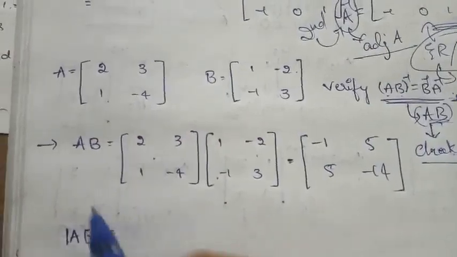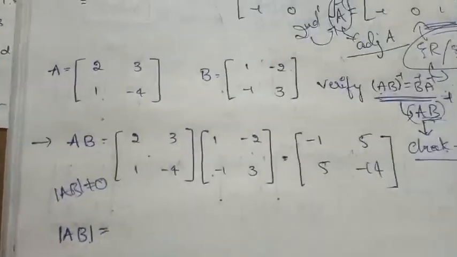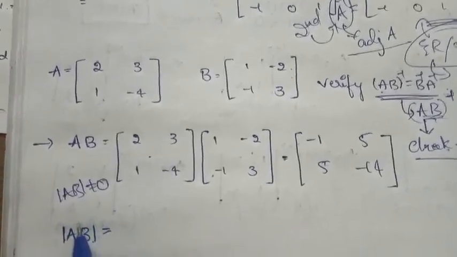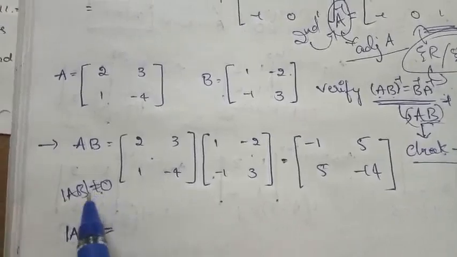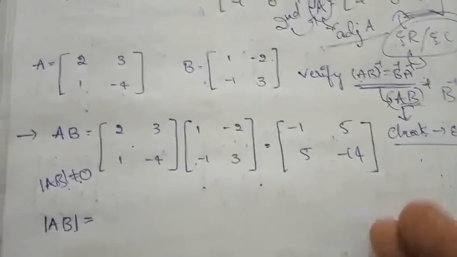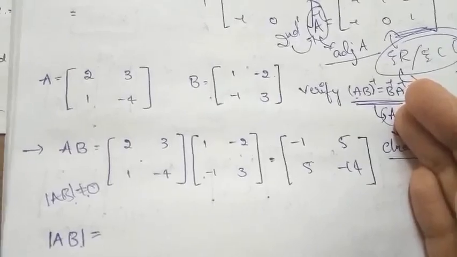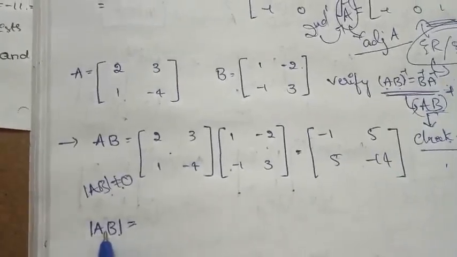If the determinant value of AB is not equal to 0, or AB is a non-singular matrix, then the inverse exists. If it is equal to 0, then the inverse of matrix AB does not exist.